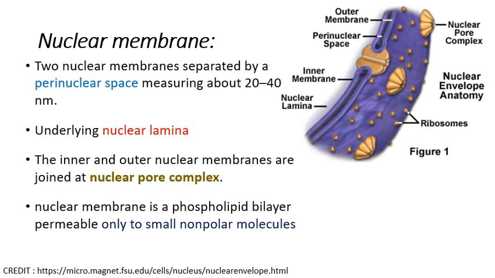So the critical function of the nuclear membrane is to act as a barrier that separates the contents of the nucleus from the cytoplasm. Like other cell membranes, each nuclear membrane is a phospholipid bilayer permeable only to small non-polar molecules. Other molecules are unable to diffuse through this bilayer.